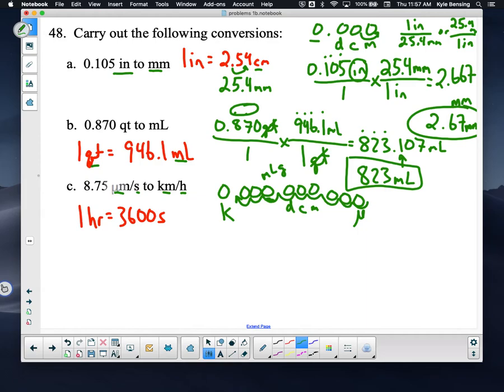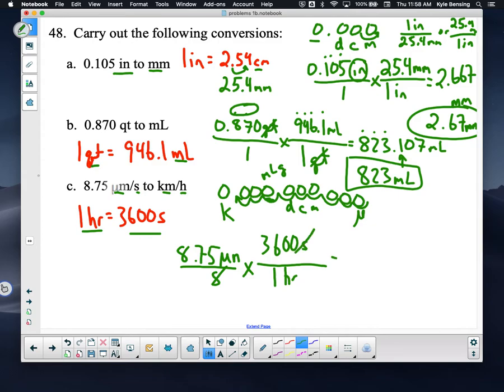Okay, we'll do that part at the end. So 8.75 micrometers over seconds times, now notice that for my conversion, I have 1 hour equals 3,600 seconds. The 3,600 seconds goes on top and 1 hour on the bottom, so that seconds and seconds cancel.